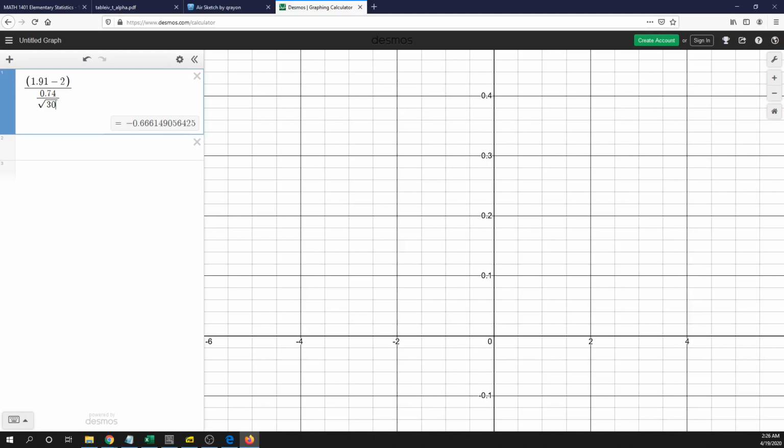We get minus 0.67 to 2 decimal places. Let me write that down: minus 0.67.